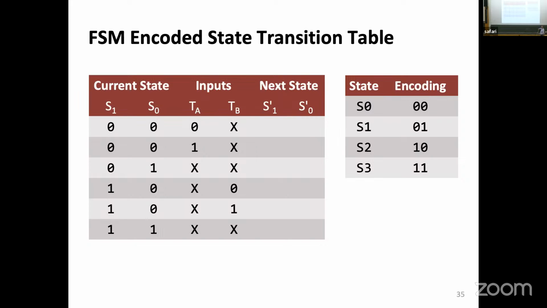The next one could have been 1, 0. The next one could have been 0, 1. As long as they are distinct, I'm good. Nobody even says they have to be 2 bits. Okay? Do you agree to that? They have to be at least 2 bits, but they could have also been 4 bits, 3 bits. You could have also made 17 bits, but in that case, most of those bits would be useless. There's only 4 different states, right?